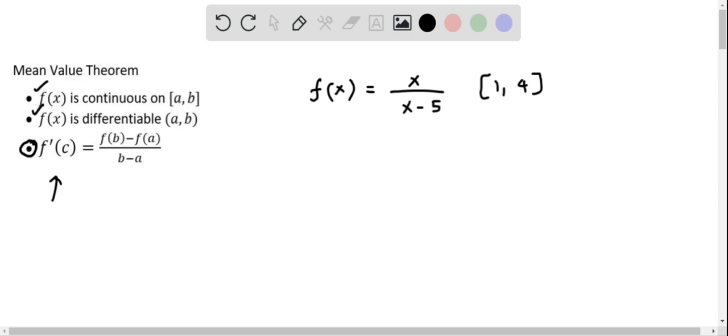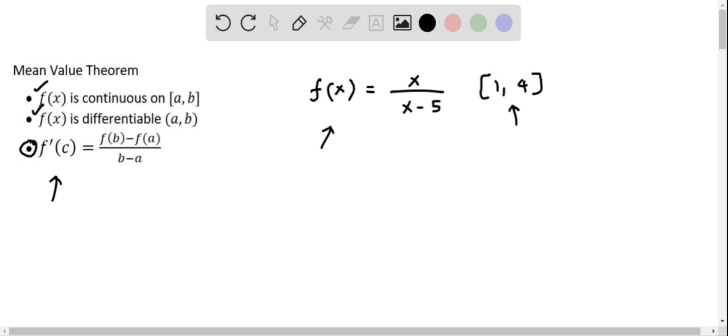So here we have this function f of x equals x over x minus 5, which is basically a rational function in x, and all rational functions are continuous on their domain. The rational function is defined and continuous in its domain, except when the denominator equals 0.